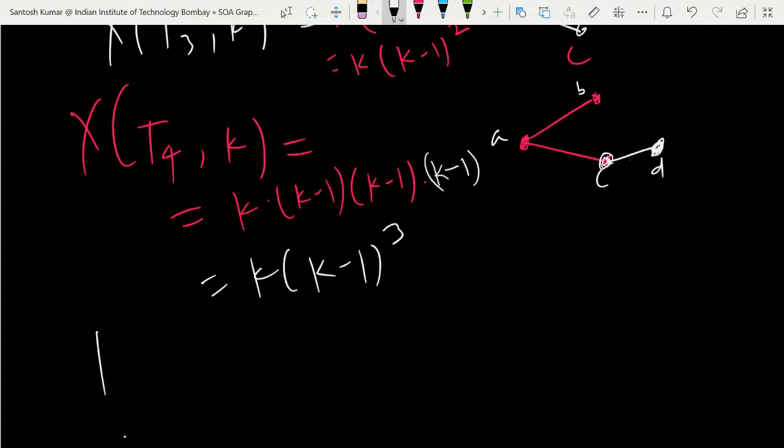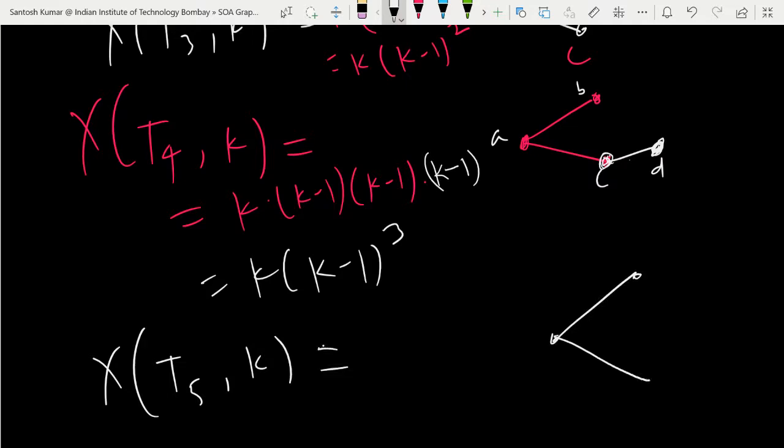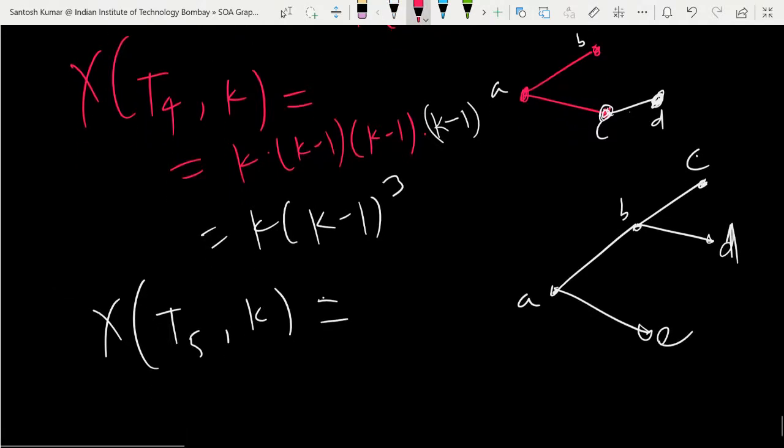Okay. Let me write one more. So the number of proper colorings of T5, K. Let me use 5 vertices: A, B, C, D and E. Now again, you can notice.